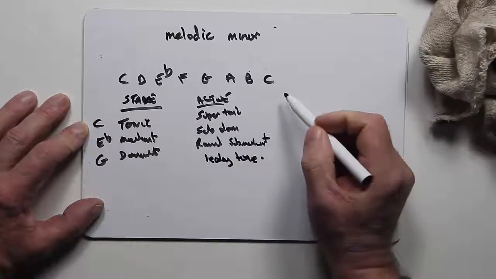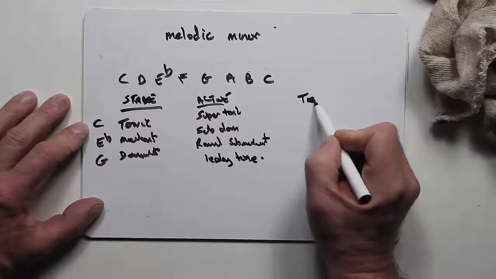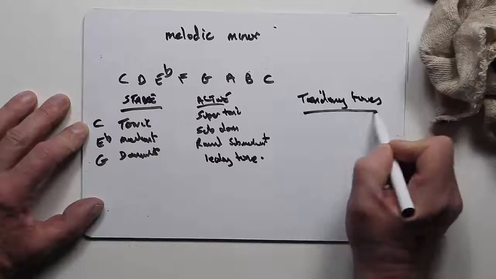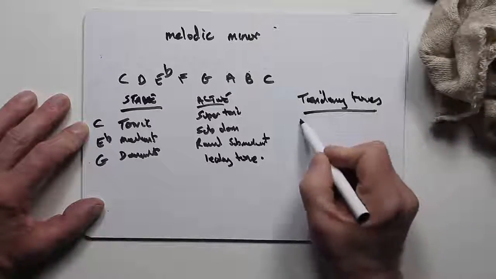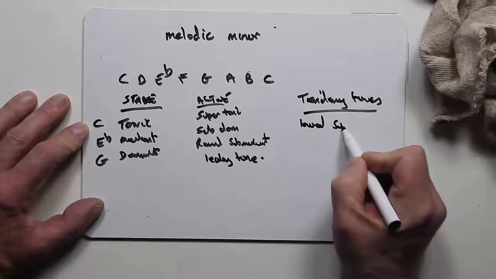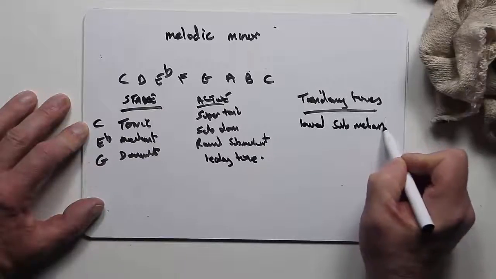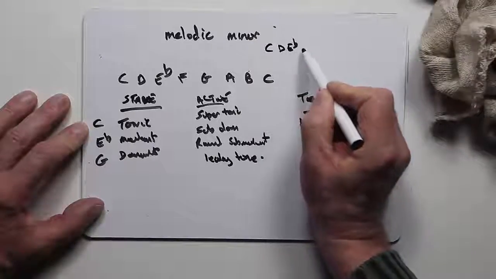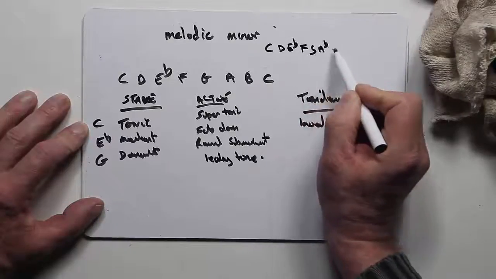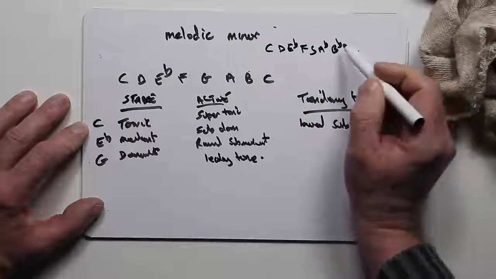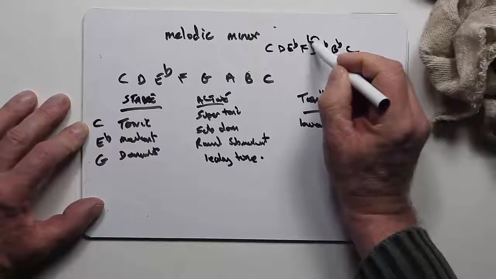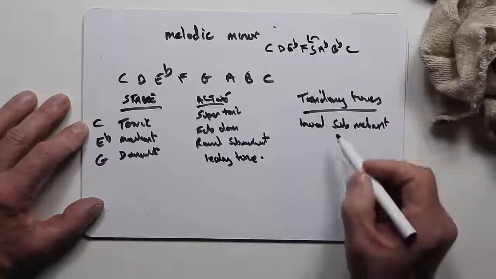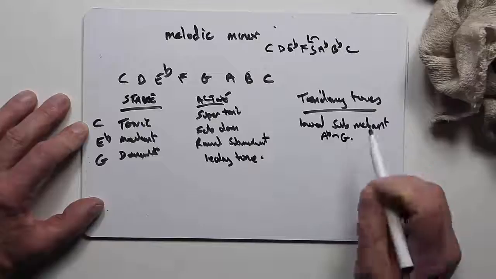Okay, and the tendency tones. Well, we've got the lowered submediant, which when the scale's going down, so I'll just write the descending melodic minor, F, G, A flat, B flat, C. You can see that A flat there, the lowered submediant wants to pull to that G, so it's A flat going towards G in this case.